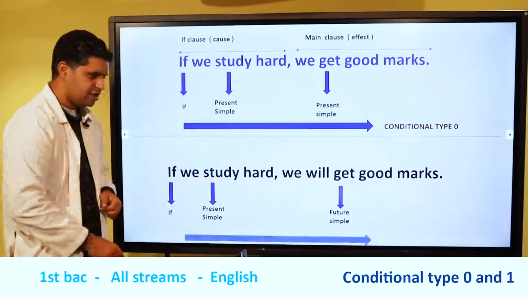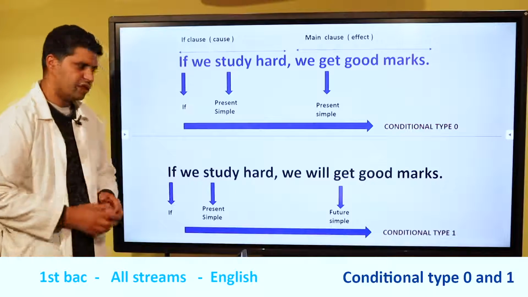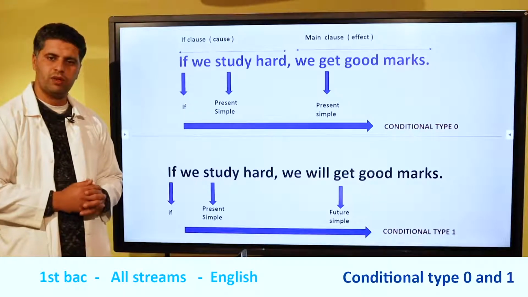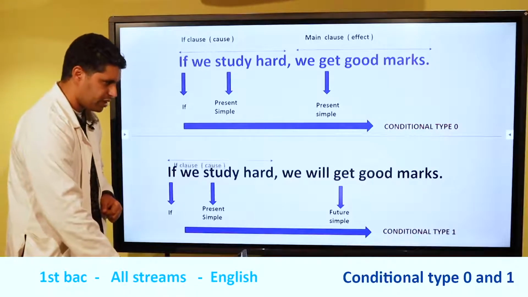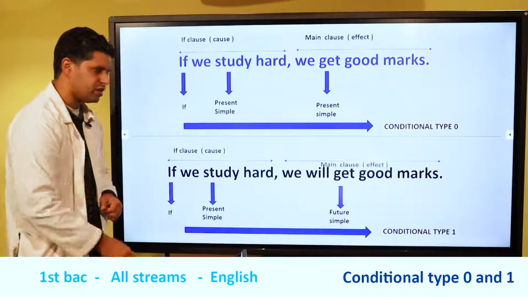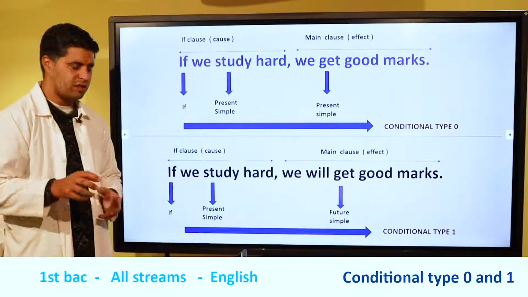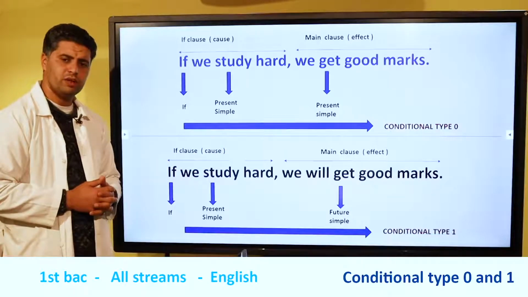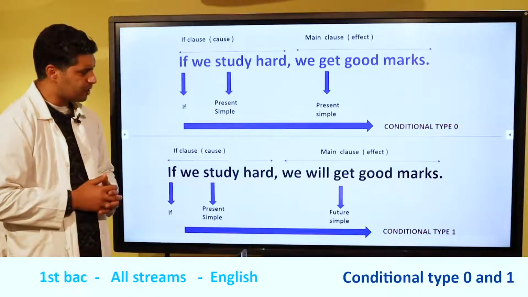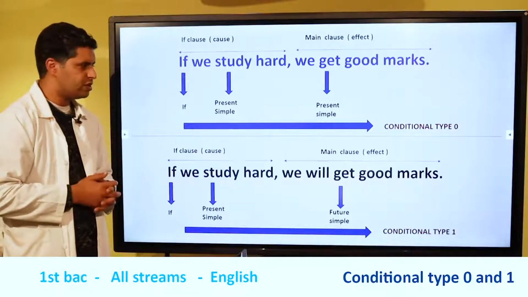Okay, so this construction, or this structure, is the structure of the conditional type 1, which is made of two parts. Here also we have two parts, as you can see. The first part is the if clause, which concerns the cause, and the second part is based on the main clause that shows the effect.